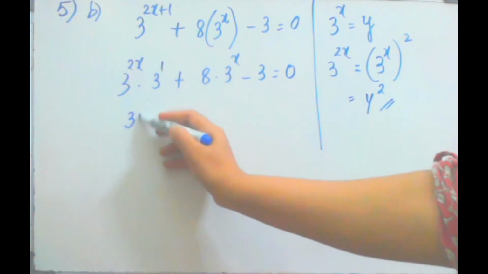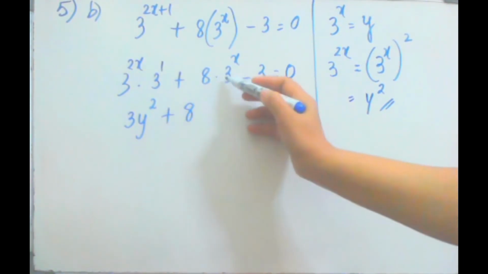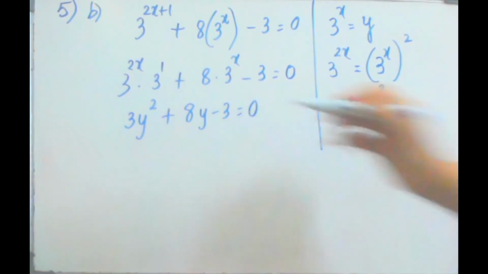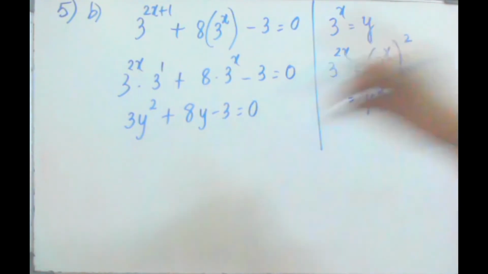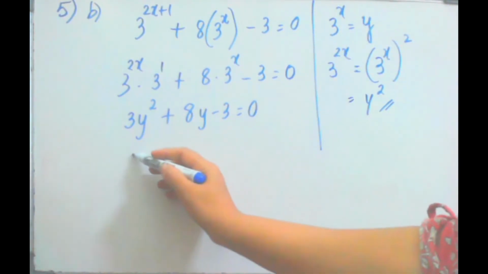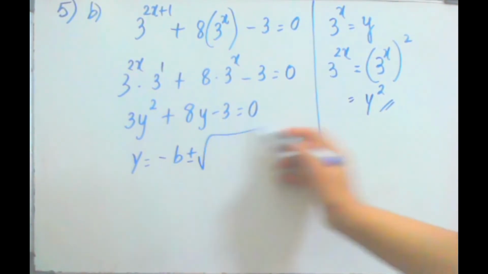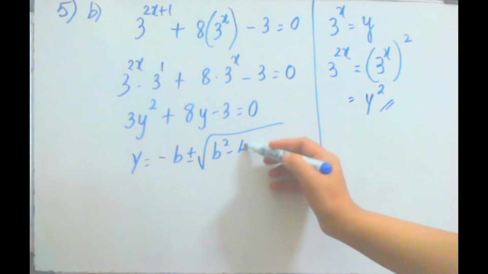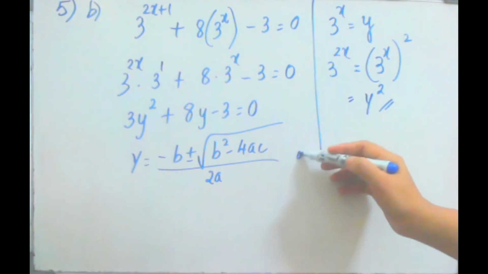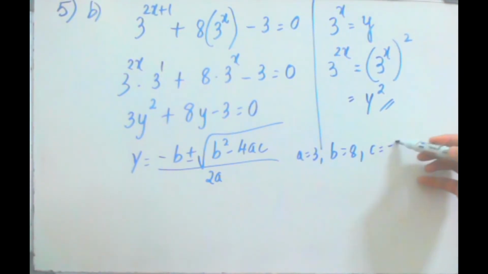So I can write this as 3y square plus 8 into 3 power x, which is y, minus 3 equal to 0. So we got a quadratic equation. We can solve this quadratic equation by the formula method as minus b plus or minus square root of b square minus 4ac divided by 2a, where a is 3, b is 8 and c is minus 3.